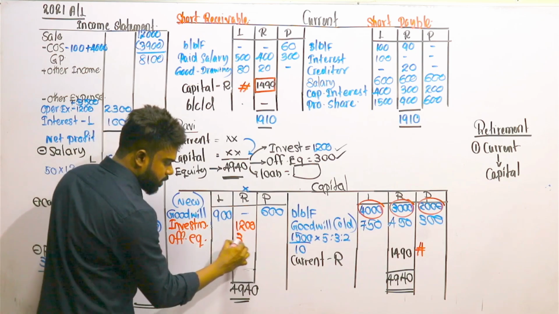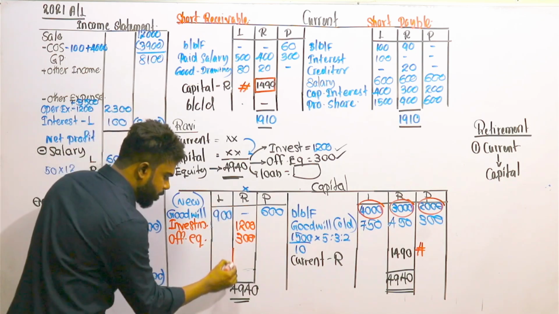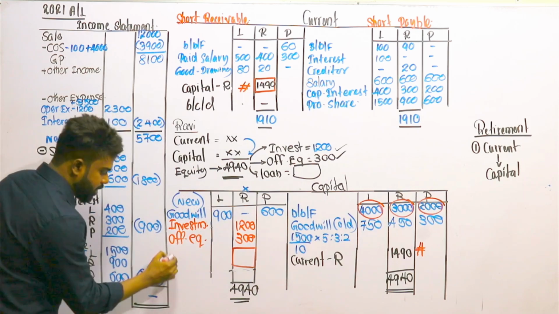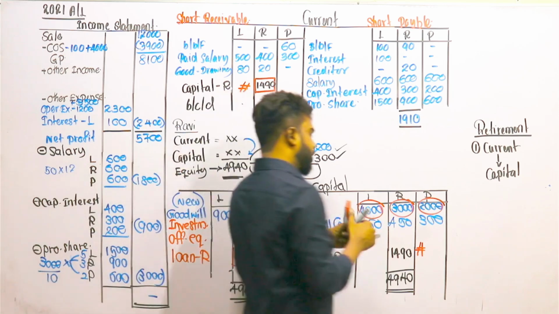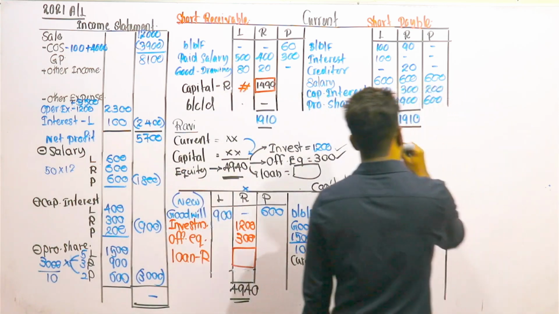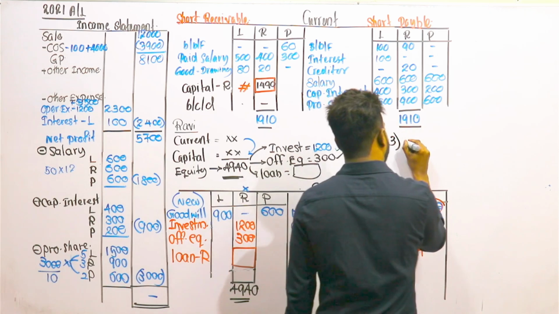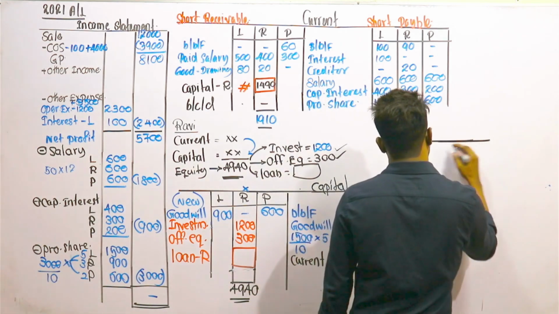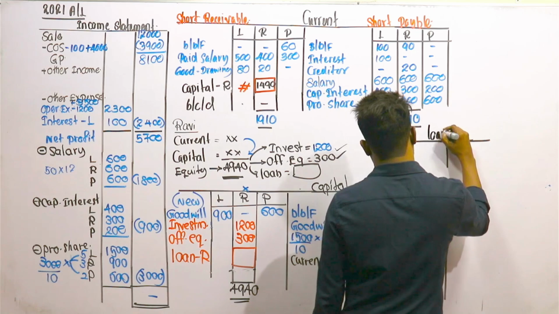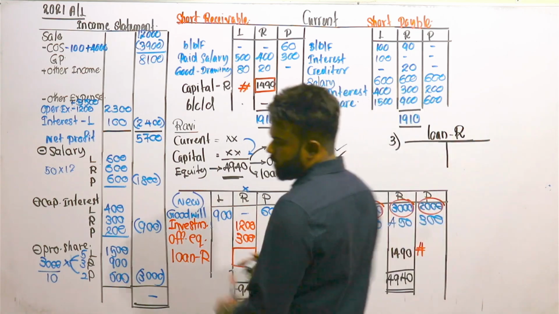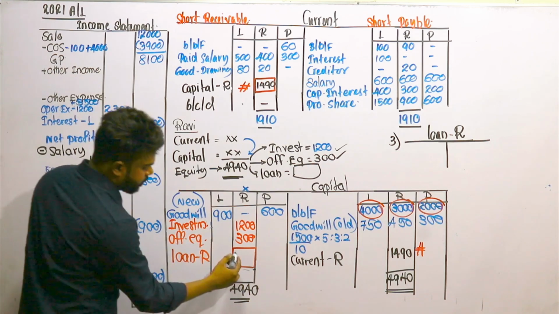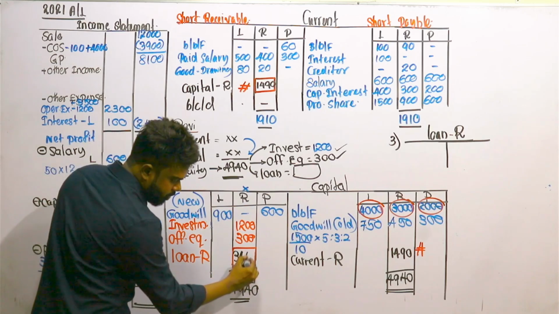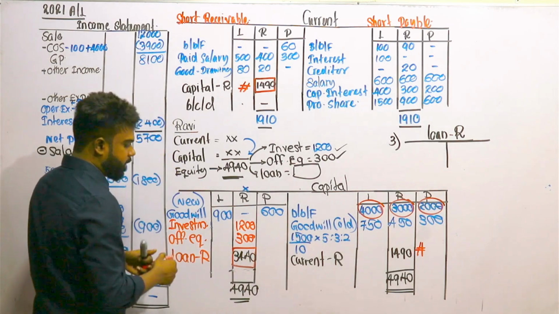How much? 300. Therefore, here you have to identify the loan balance. It should be transferred to the loan account of Ravi. Tell me the loan balance, how much? 3,440. It should be transferred to loan.